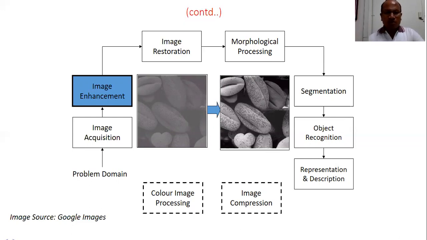In image processing there are many terms and terminologies such as intensity, brightness, and contrast. In the input image, the left side image, the contrast is probably poor. Therefore, you are not able to distinguish properly the objects which are there. You can, but clarity is not there.